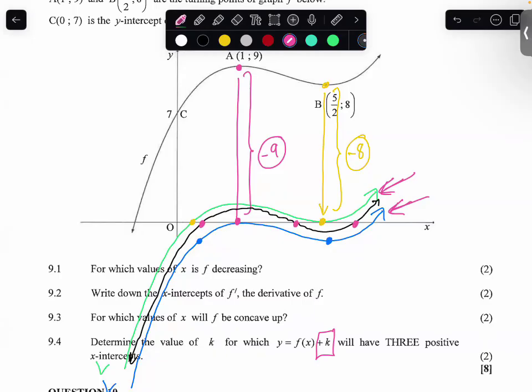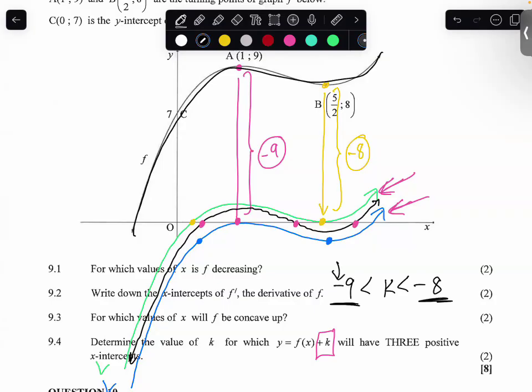So how do I answer that? I can say that K is a movement anywhere between -9 and -8. Any value between -9 and -8, if you take the original graph and you translate it a number down, but a number that lies between 8 and 9, a translation of 8 and 9 units down.